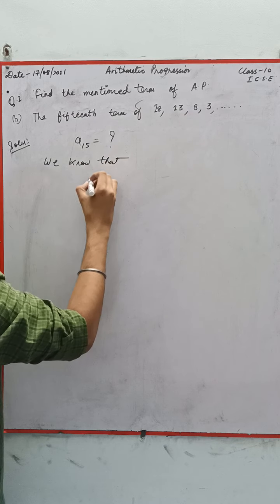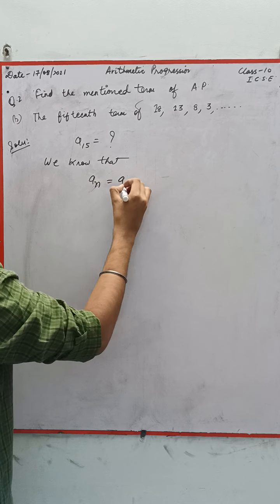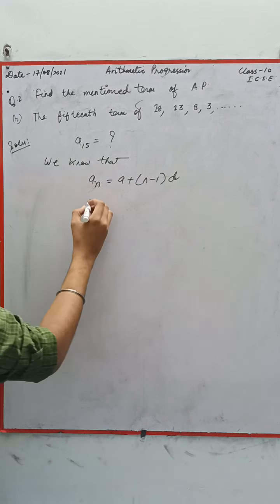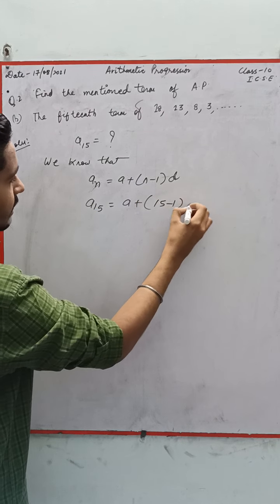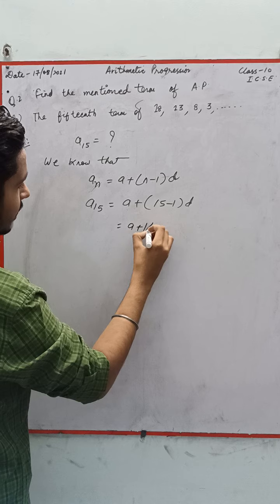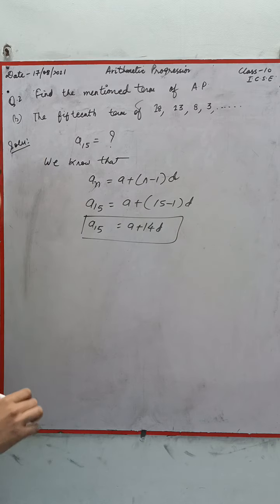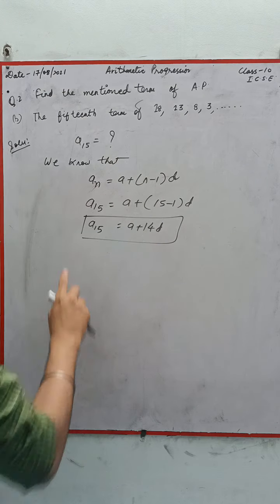we know that an is a plus n minus 1 into d. So what will be A15, will you tell me? A plus 15 minus 1 into d, which is a plus 14d. Just a minute before we have seen that this case is like say A15, so it will be a plus 14d, okay.